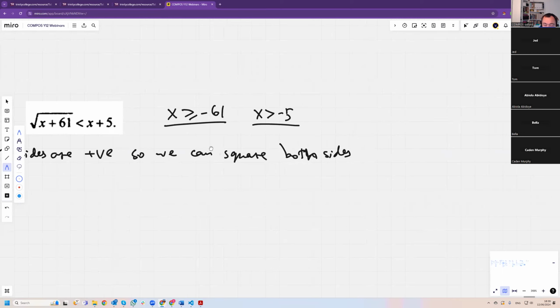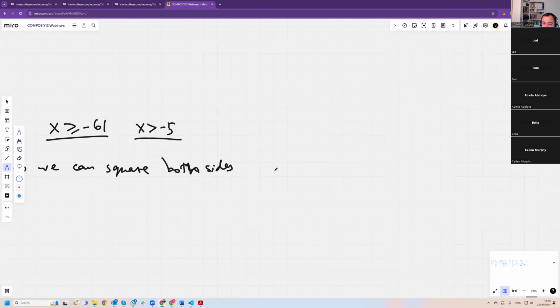Right? There are situations where you're not allowed to square both sides. Let's say -4 is certainly less than 2. Okay? But if you square both sides, you get 16 less than 4, which is nonsense.